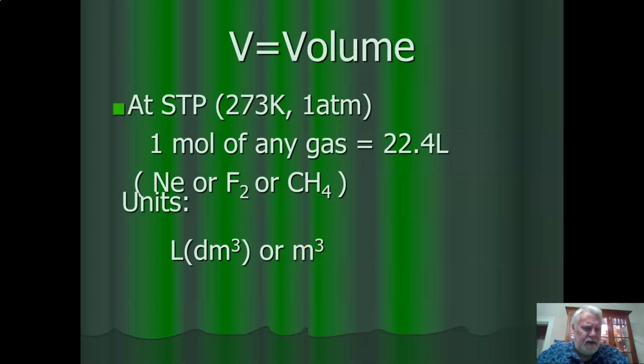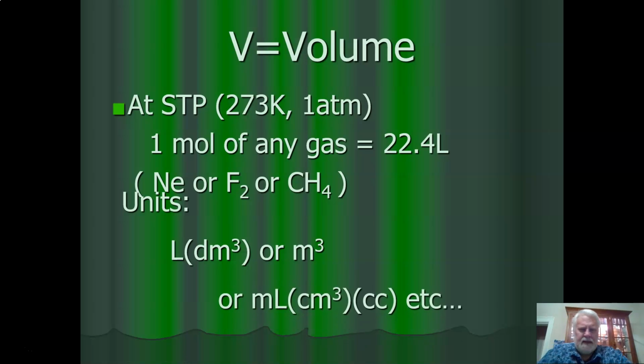Sometimes you have larger volumes. We'll talk about a cubic meter. So these volumes can be singular units like a liter, or they could be the cubed quantities, because you have length, width, and height with volume. So for the smaller amounts, we almost always use milliliter, which is basically the same thing as a cubic centimeter.